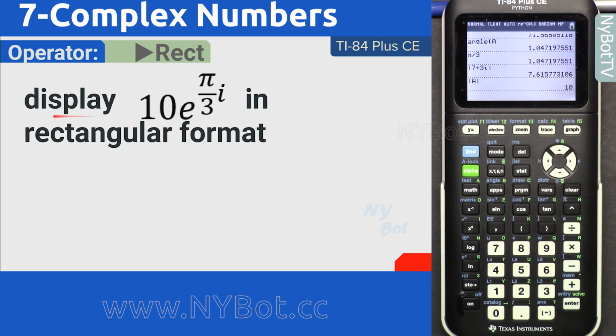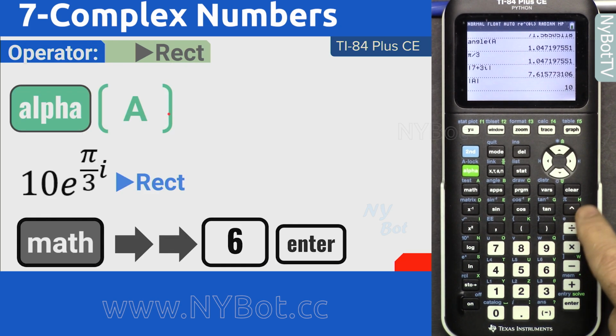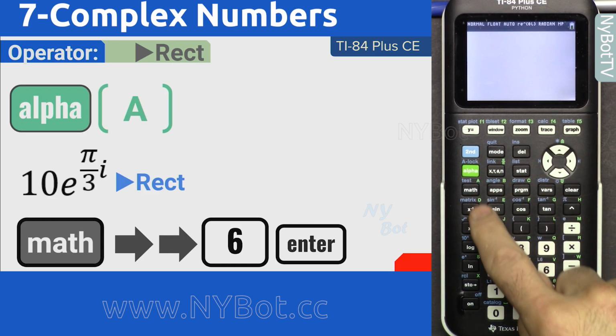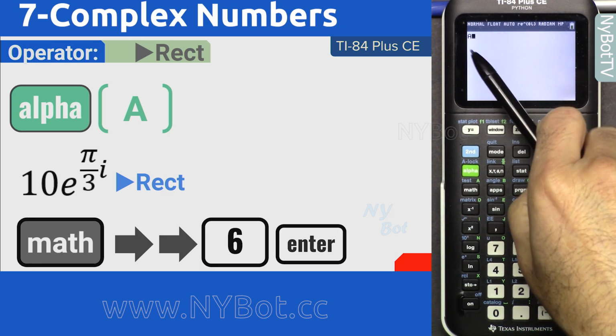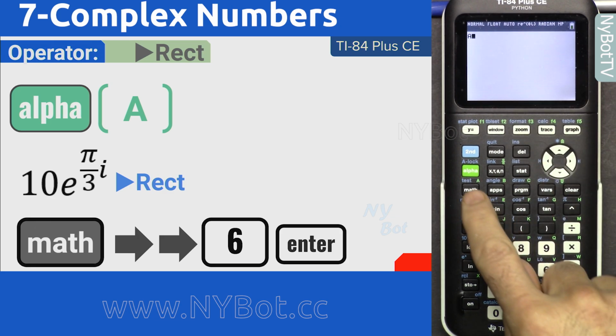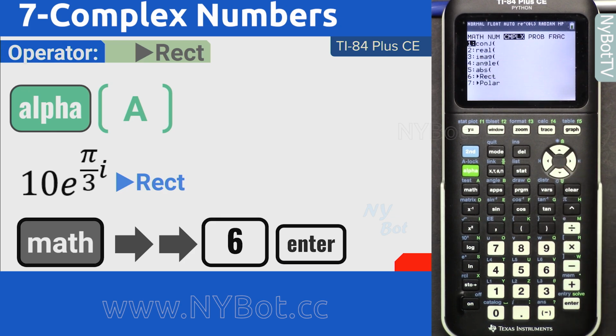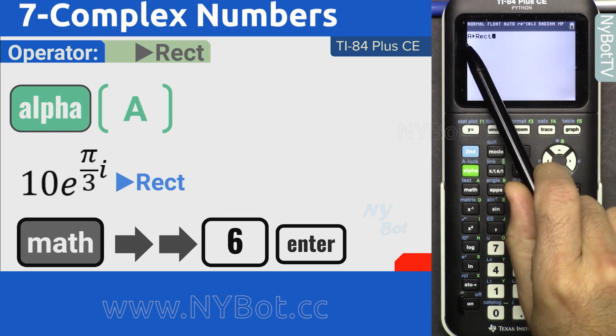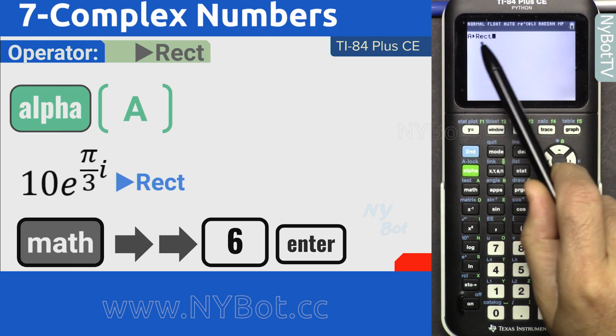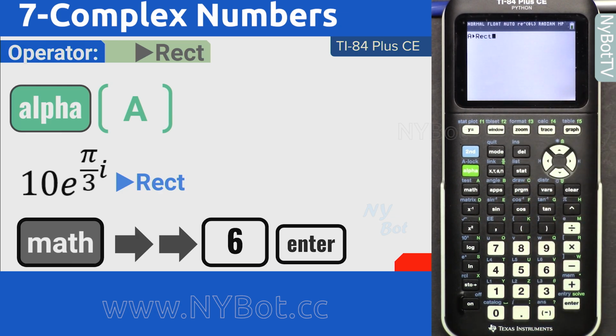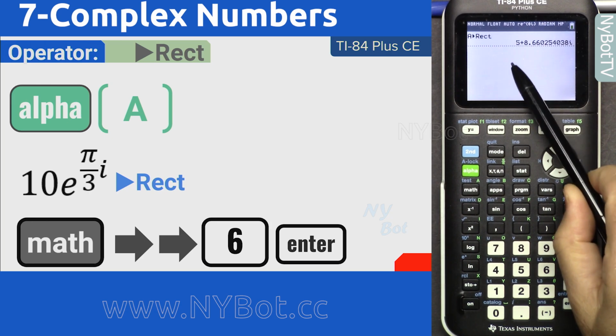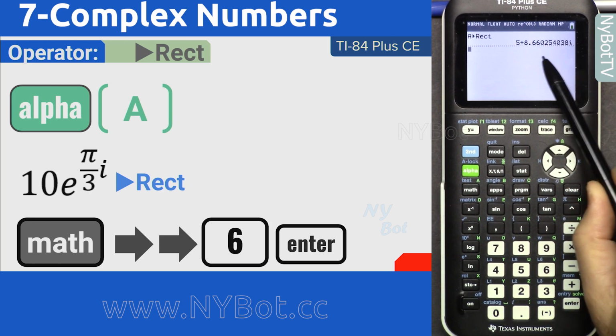Now we want to get a value converted to rectangular, rect. Now let's bring this value first. Now alpha A, bring the value, and then math 6. This says get this value, whatever value, either from memory or direct input, convert it to rectangular. So we got 5 plus 8.66i.